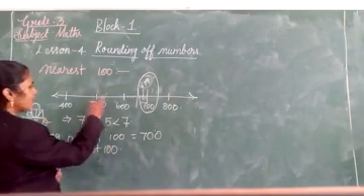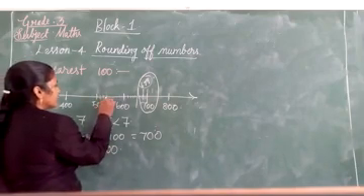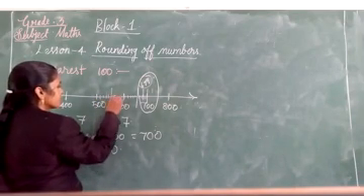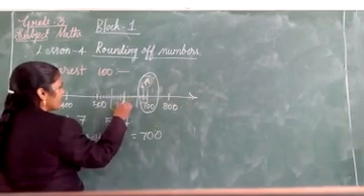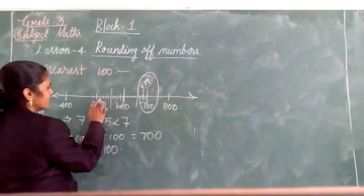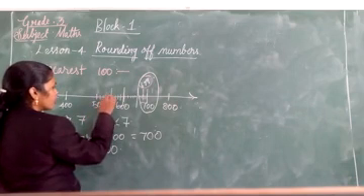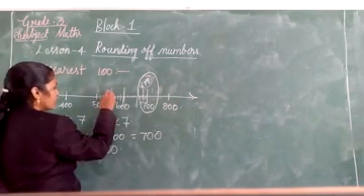In this number line, where is that 532? 10, 20, 30, 40, 50, 60, 70, 80, 90 and 100. That is 600. So where is 30 here? 10, 20, 30. So here 30 to 40, that will be 32.